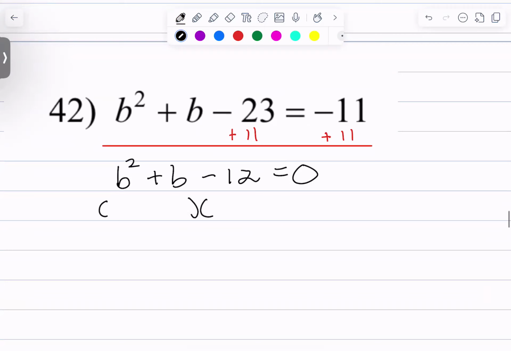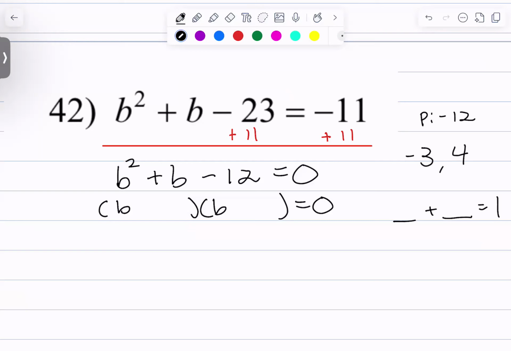Right off the bat, do you guys know the numbers that we can factor? Product of -12, sum of 1. 3 and 4, right? 3 and, or -3 and +4.